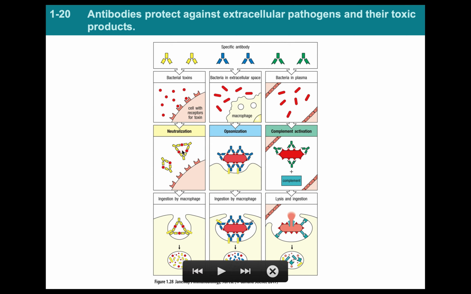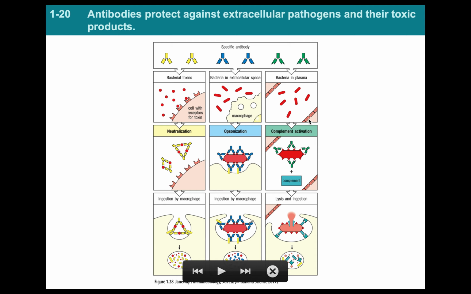But antibodies can bind to those toxins, and if they're bound to an antibody, then they can't stick to a cell, and so they can't cause whatever bad thing is happening. There will be bacteria floating around, and antibodies can stick to those, and they can actually act like that little cocktail fork or that little toothpick, so that macrophages can grab onto them and eat them.